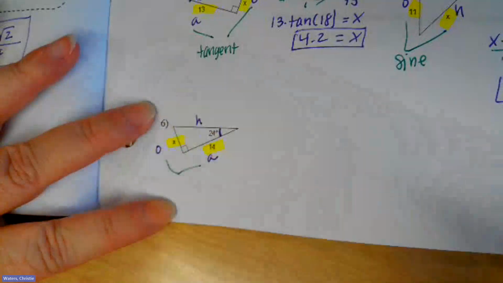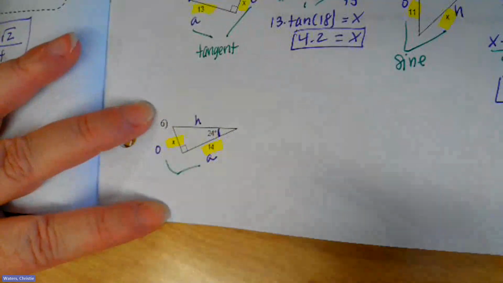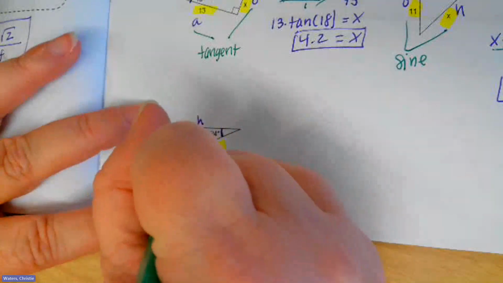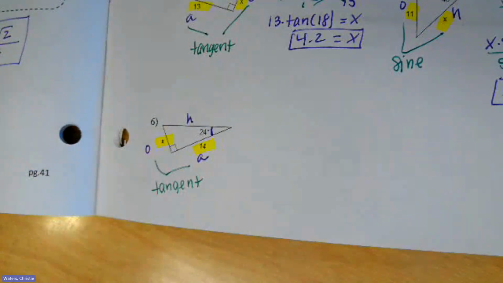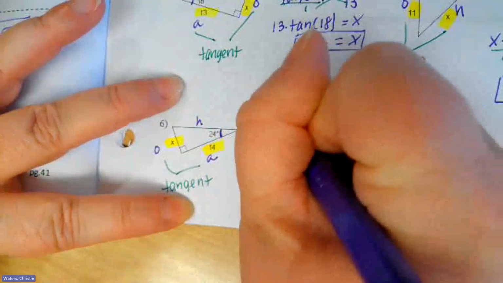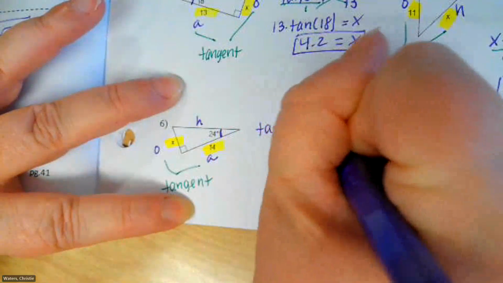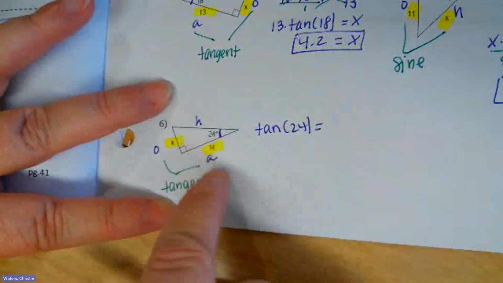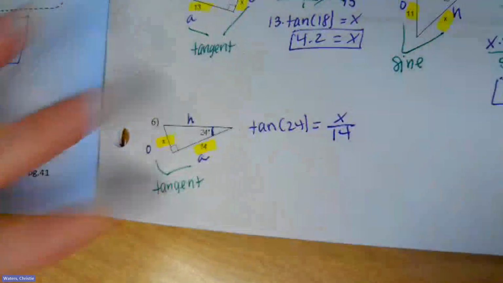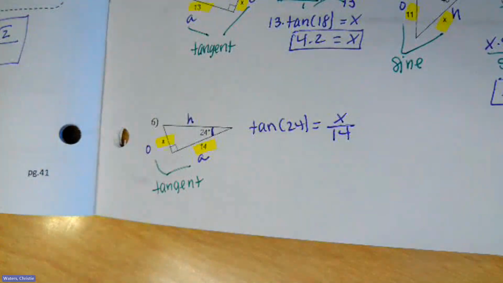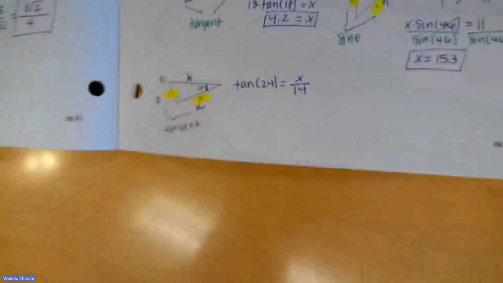So of my 3 trig ratios, the one that uses opposite and adjacent is tangent. So I'm going to set up my equation using tangent. Tangent of 24 equals opposite over adjacent, so x over 14.